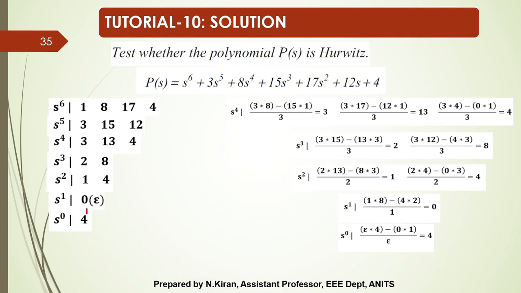Remember, if in the Routh table the first element alone becomes 0, in that case we replace that 0 by a small positive number epsilon.